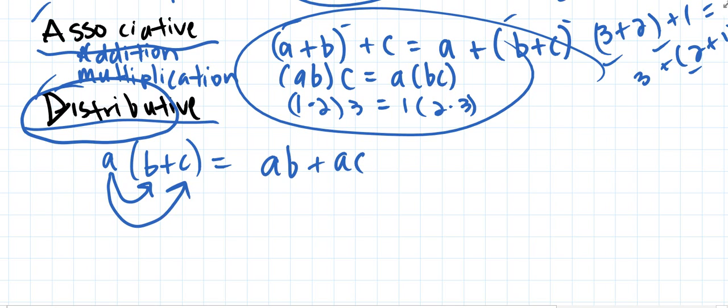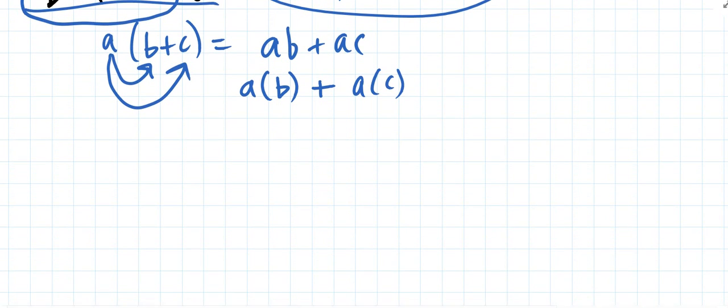A times the quantity b plus c is the same as ab plus ac. Or first multiply a times b, and then add whatever you get to a times c. We're going to plug some numbers in there so it makes more sense.